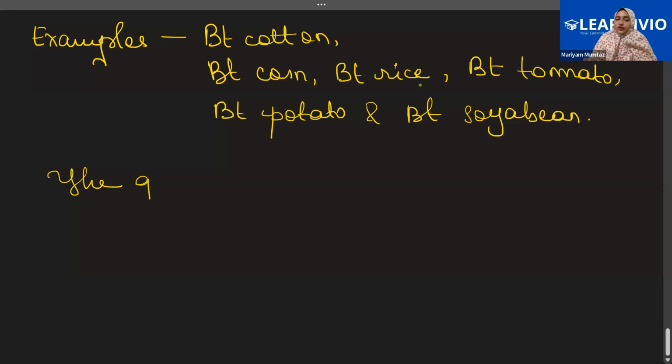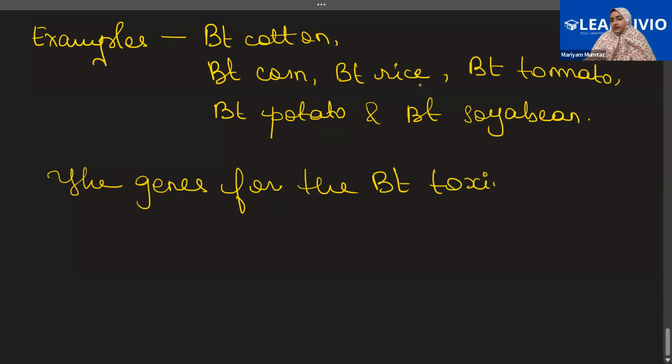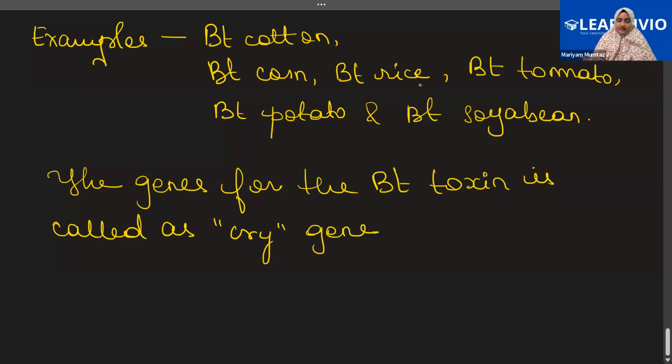So the genes for the Bt toxin are called cry genes. It has a proper different function. So this is the gene that encodes for the Bt toxin.